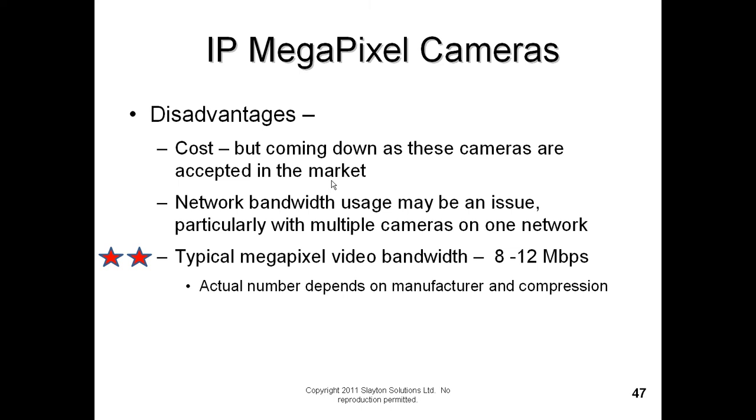There are also manufacturers now that are including H.264 compression with their megapixel cameras, giving us the best of both worlds: really big, really high quality images with a reduced bandwidth requirement. But even with H.264, your typical megapixel video bandwidth might be 4 to 8 megabits per second. So it is going to be a healthy sized video bandwidth.